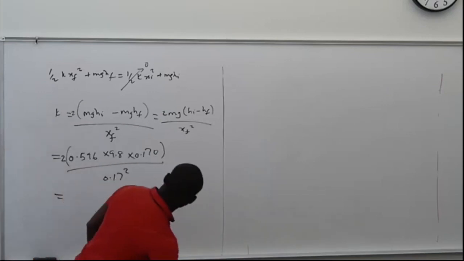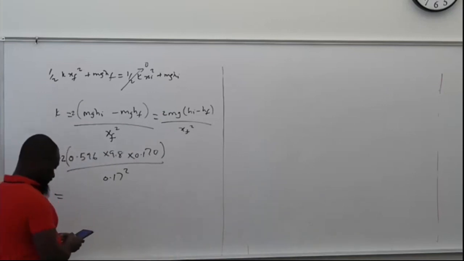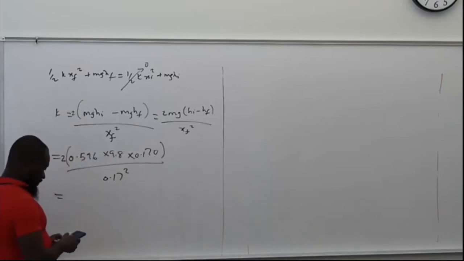So I'm going to do my calculation really quick. So this will give us 0.596 times 2 times 9.8 times 0.17, divided by 0.17 squared.